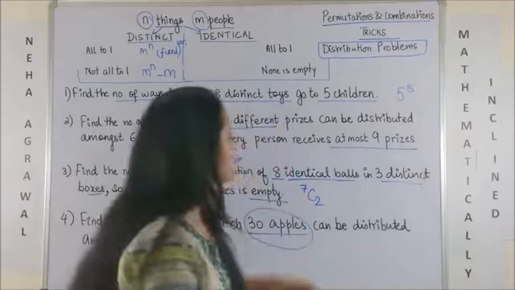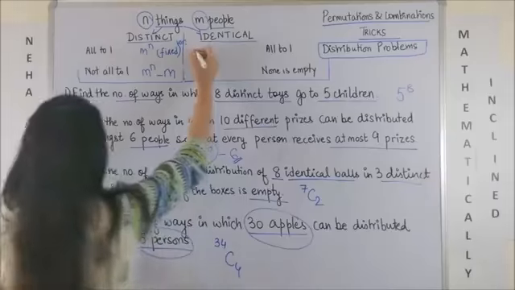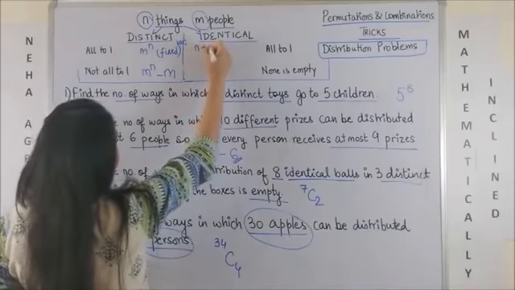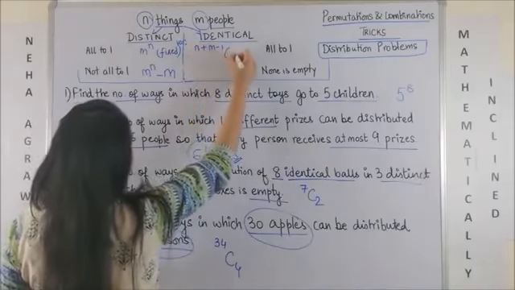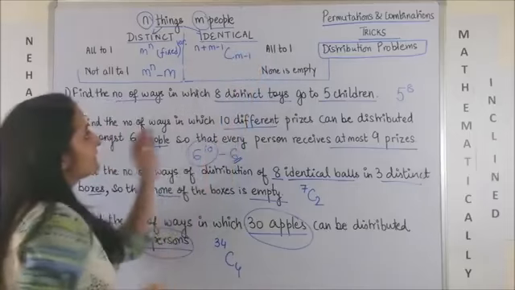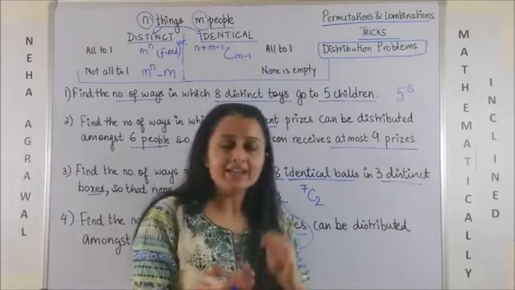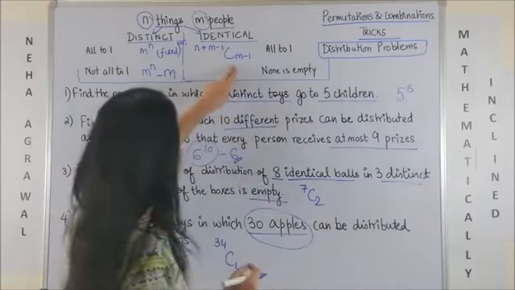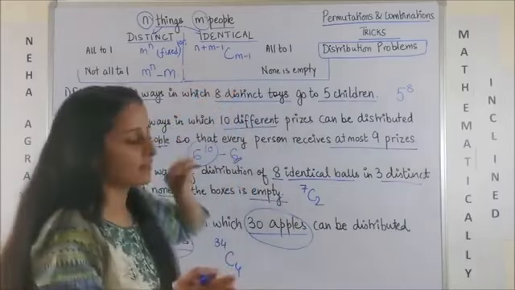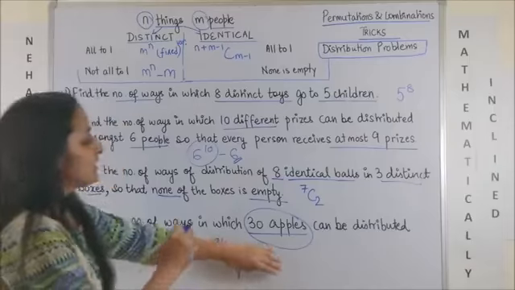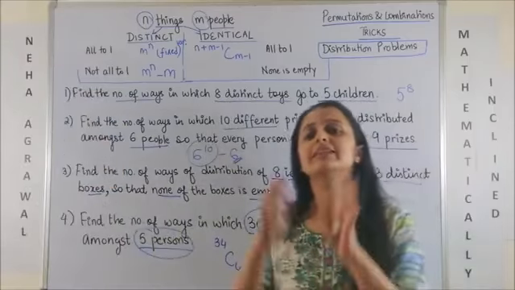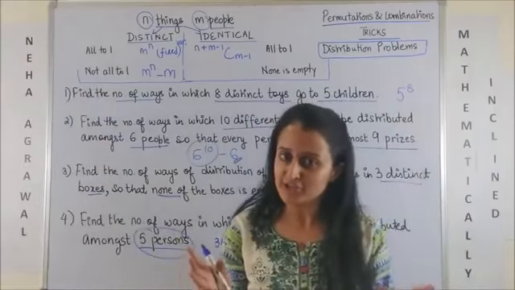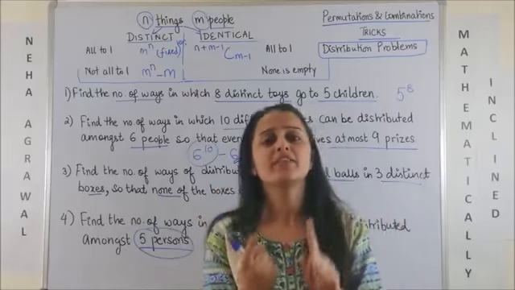In such a case, the answer is always n plus m minus 1, C m minus 1. That means I add the fixed and the variable things, minus 1, C fixed minus 1. Just look at the question. So whenever you come across certain identical things which are to be distributed, just look for one thing.